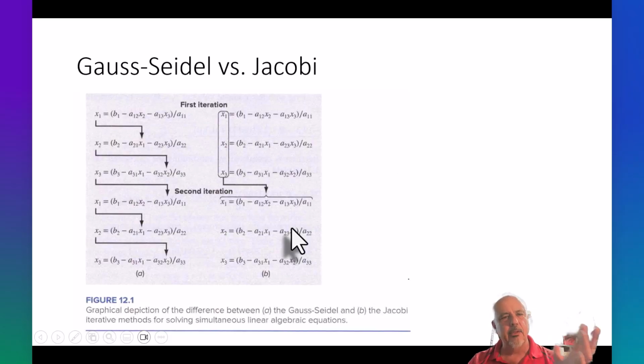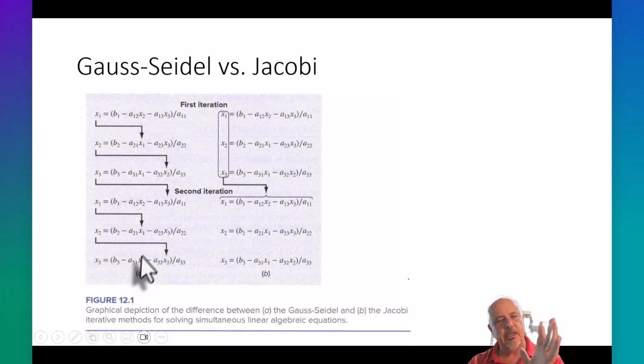If we look at how the book shows it, on the left-hand side we've got Gauss-Seidel, so we're always using the most up-to-date x1, x2, x3 on each iteration. In the second iteration, we calculate the next x1, the next x2. So that's how Gauss-Seidel is always using the most up-to-date x1, x2, x3.